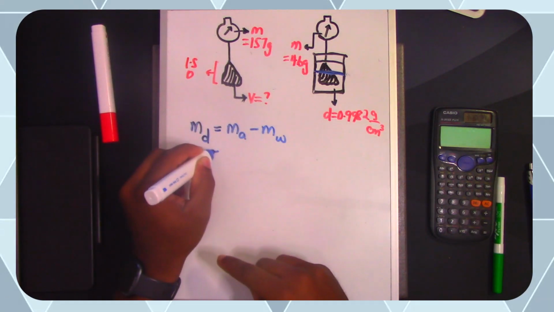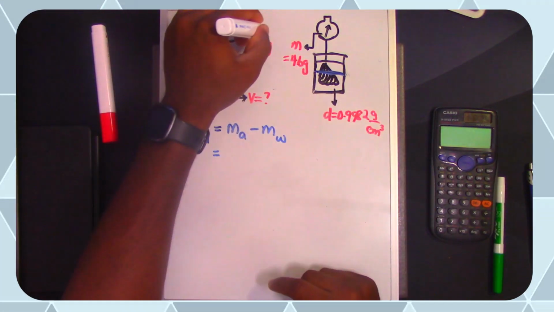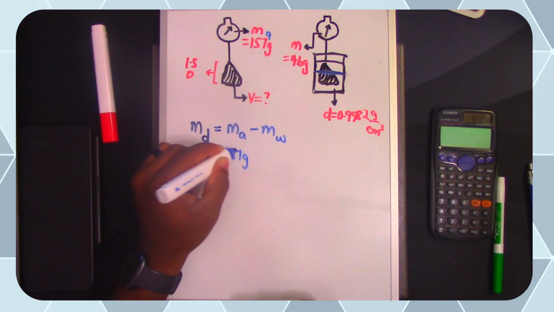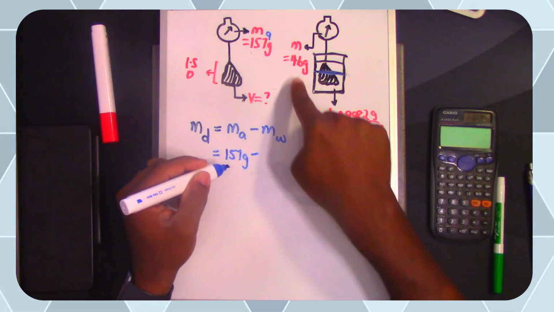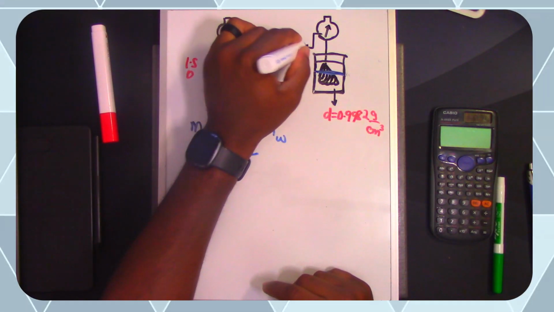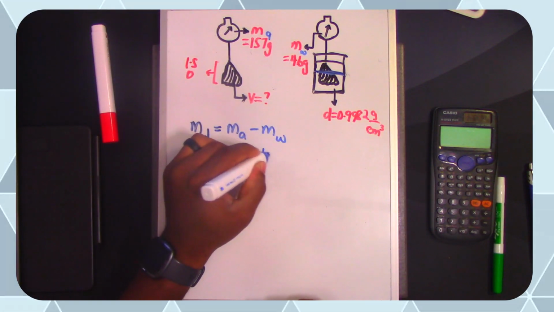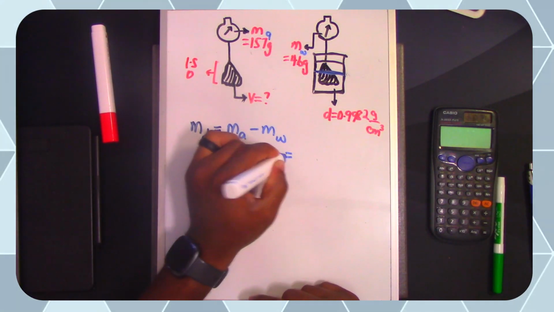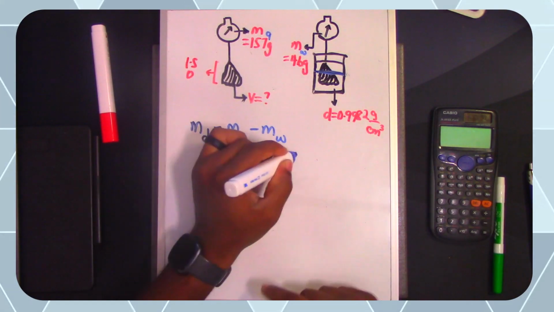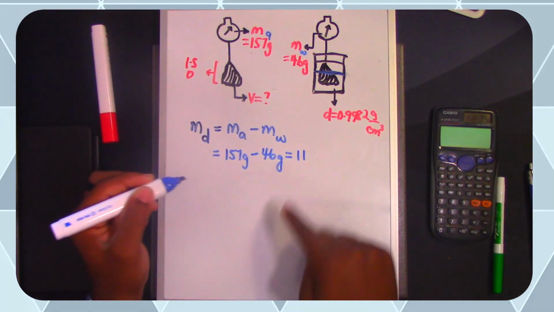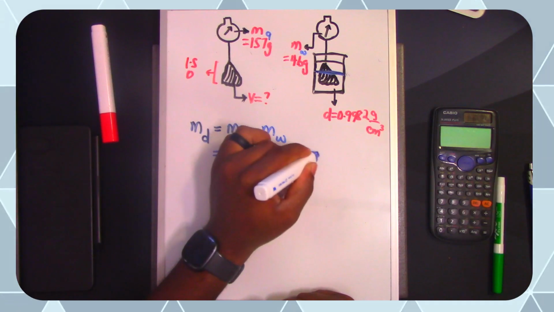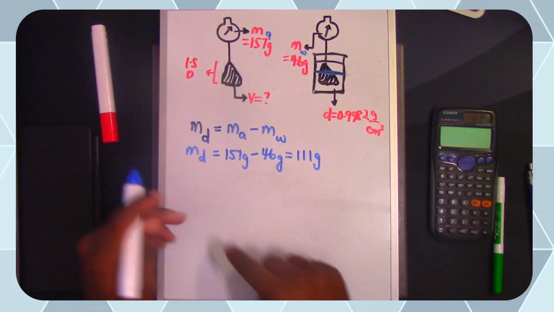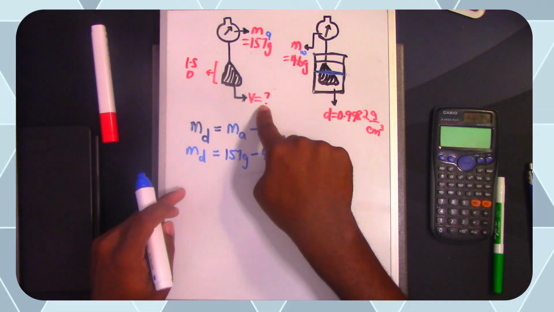This here in air has a value of 157 grams, minus the mass in water, which is around 46 grams. Once you solve it, that should give you a value of around 111 grams.